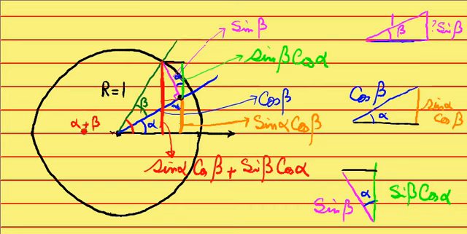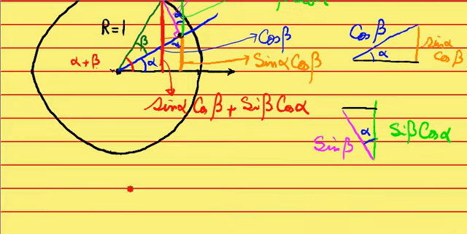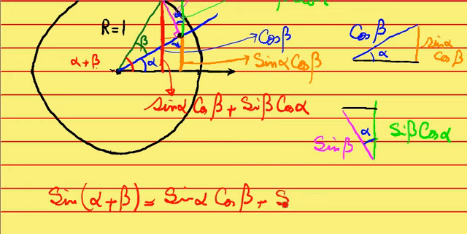If I was to ask you what is sine of alpha plus beta, you would say the opposite divided by a hypotenuse. Well, hypotenuse is just 1. So sine of alpha plus beta is equal to sine of alpha cosine beta plus sine beta cosine alpha. I wrote it a little bit different than what I wrote up there. Okay, this is one of the proofs of this.